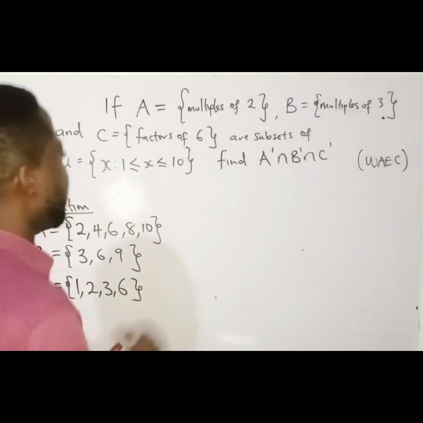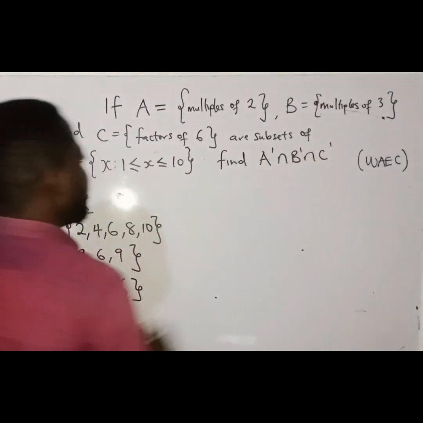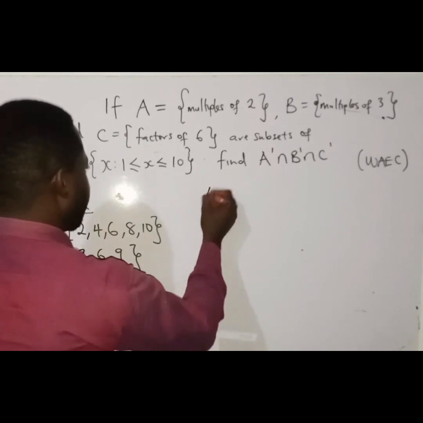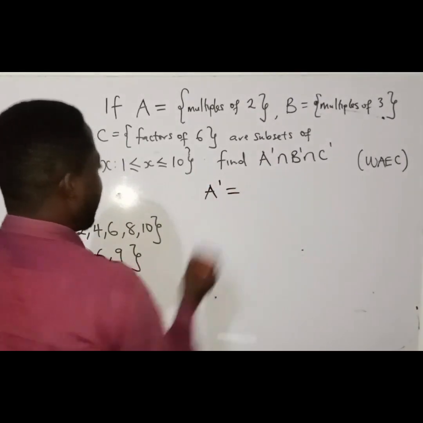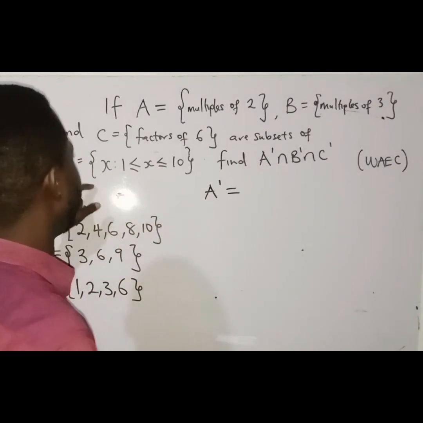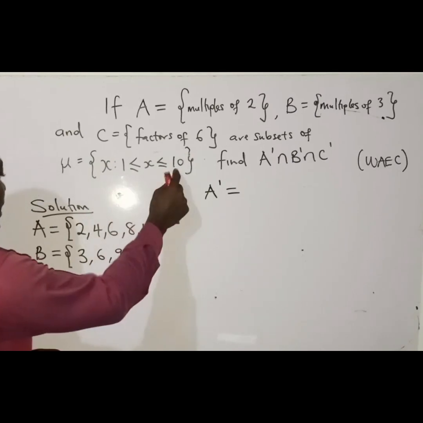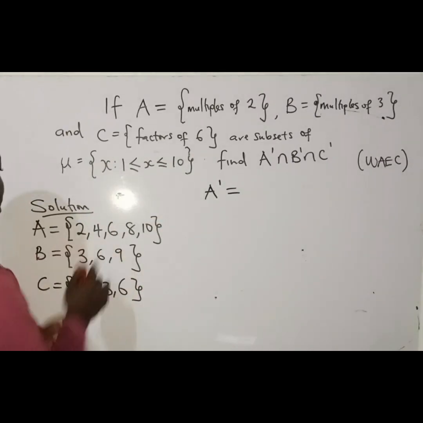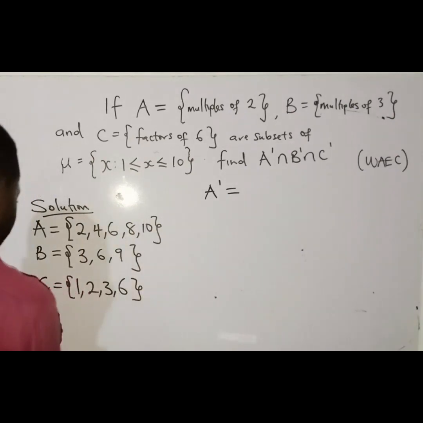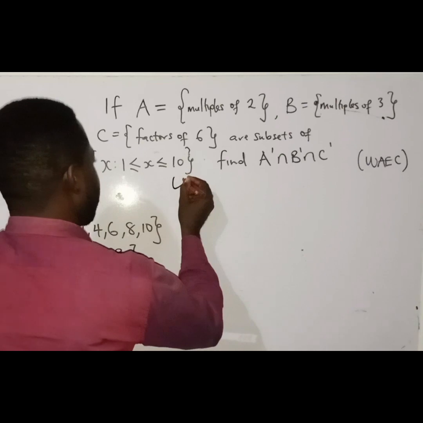Now, the question says we should find A complement intersection B complement intersection C complement. So definitely we need to find A complement first. What do we mean by A complement? A complement is the members of the universal set that are not in A. Once again, members of the universal set that are not in A. In that case, let me first write out my universal set.